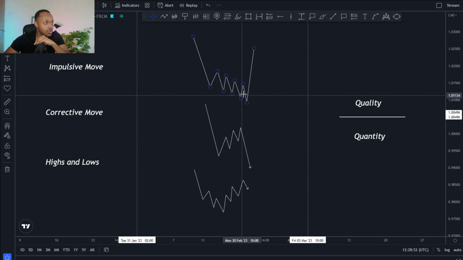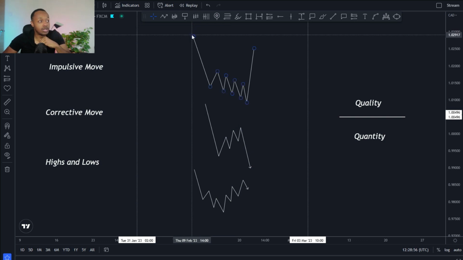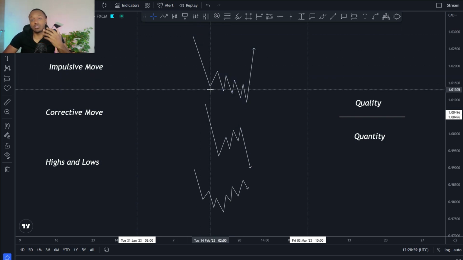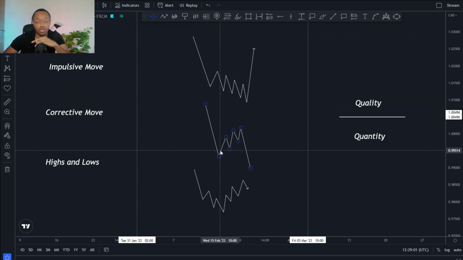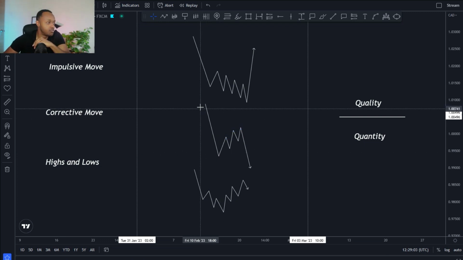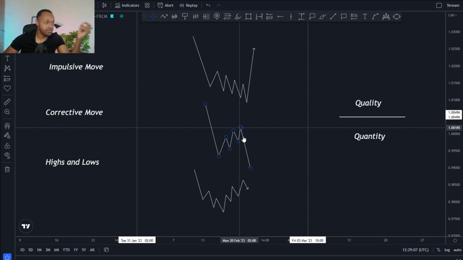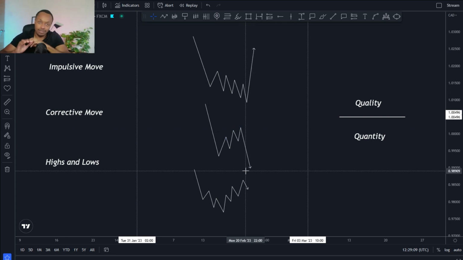This kind of zigzaggy move is corrective behavior, and then we've got another impulsive move. So typically when you see an impulsive move in the market, you want to see a correction. Typically this is what you see, which is your bear flag, bull flag patterns. Really nice impulse move to the downside, you get the correction to the upside, giving you the bear flag, then you expect another impulse to the downside. That's textbook how structure moves.